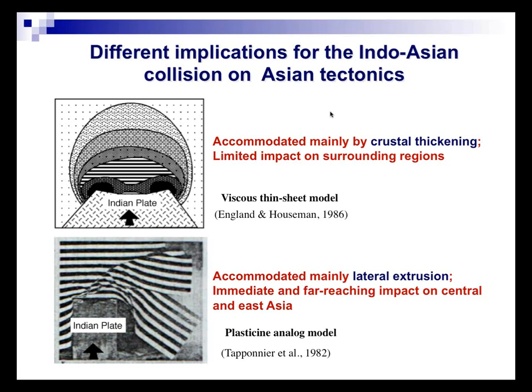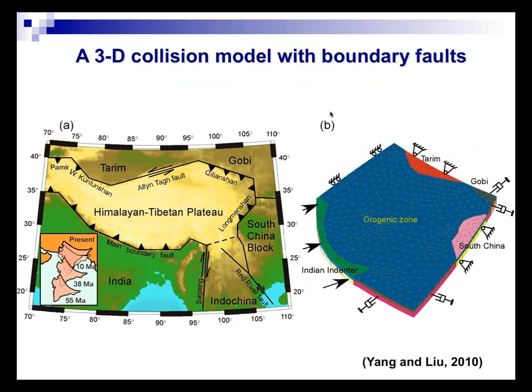It cannot simulate the strike-slip faults that we see in geology. The second model is a plane-strain model. It does not allow thickening. So there is no thickening produced from this process. Everything squeezed in has to be squeezed out. Okay? So these are useful models, but they have limitations.